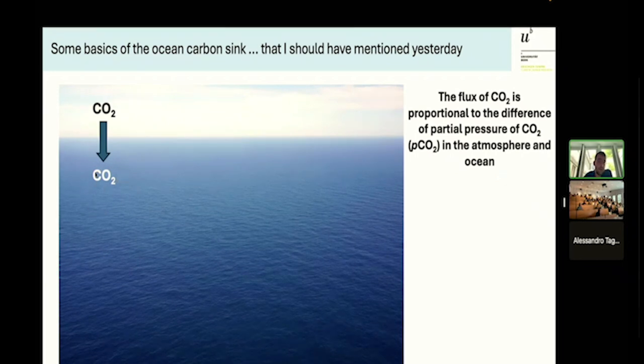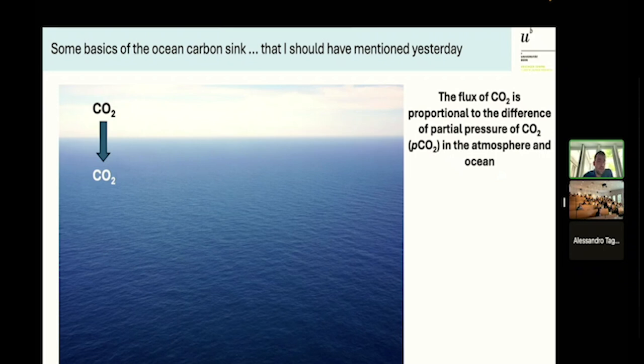If the partial pressure of CO2 is higher in the ocean, then it's outgassed into the atmosphere and vice versa. And the flux is also proportional to a factor that depends on winds and other quantities.